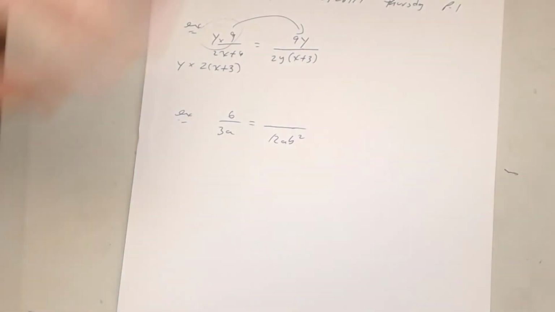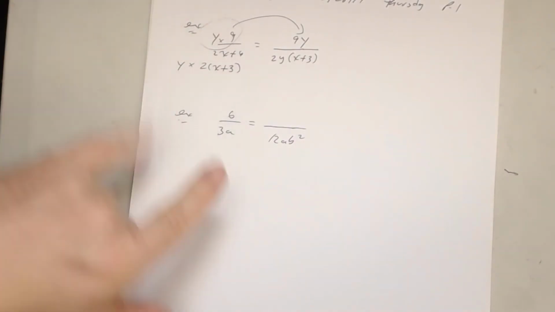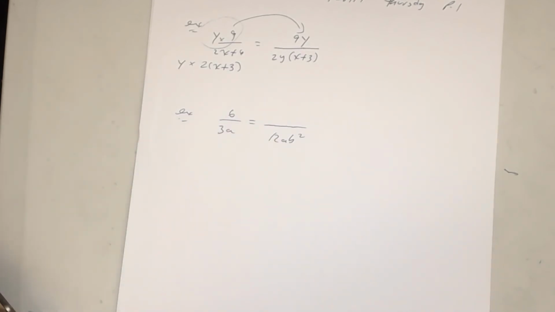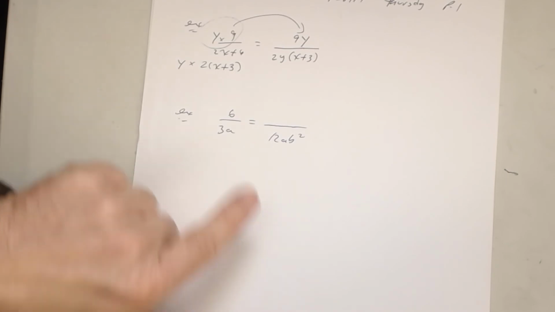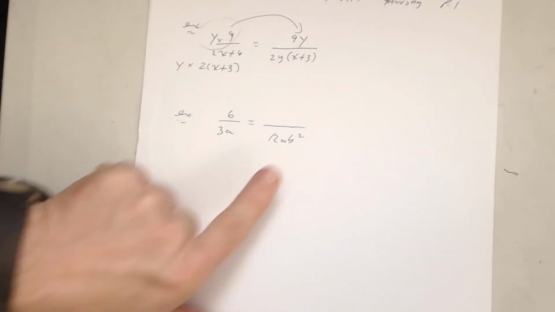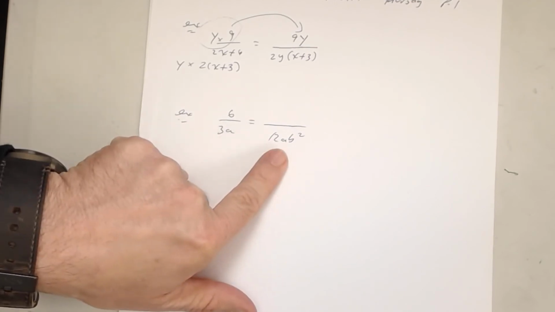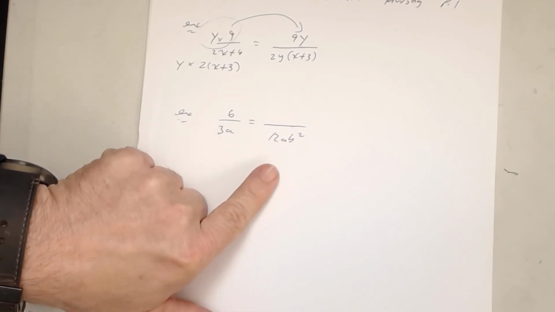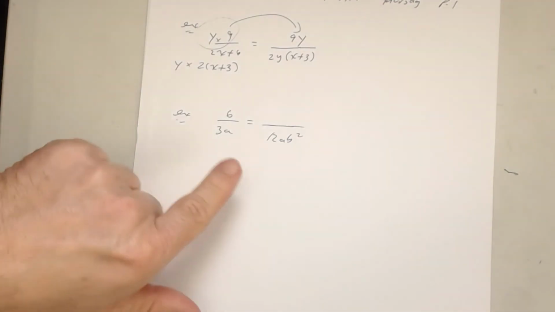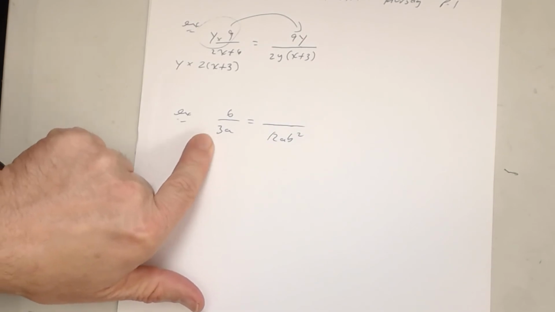Now, notice when we did the previous example, we factored first. But these denominators are monomials, so there's no factoring involved. So you just got to ask yourself, I have a 3a, this is what I want. So how do I go from 3a to this? Multiply by 4b squared, because 3 times 4 is 12, right?